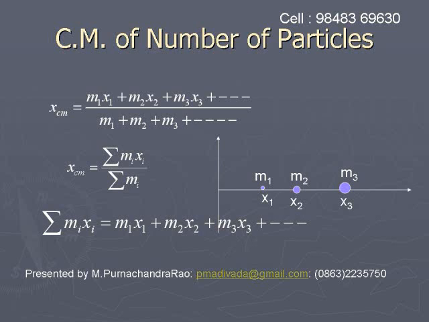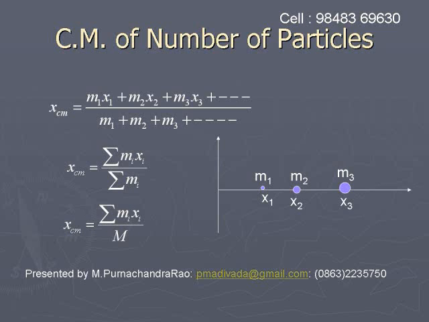Sigma mixi represents m1 x1 plus m2 x2 plus m3 x3 and so on. Sigma mi represents m1 plus m2 plus m3 and so on. In general, it is written as XCM is equal to sigma mixi divided by capital M, where capital M represents the sum of the masses, the total mass of the system.